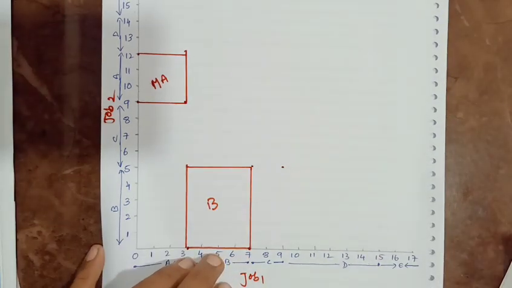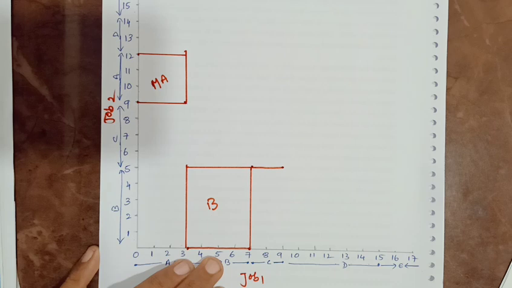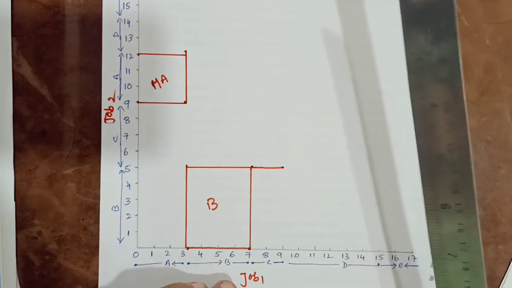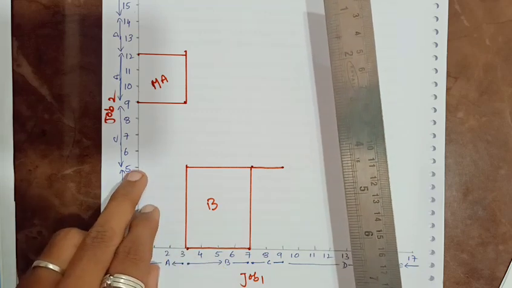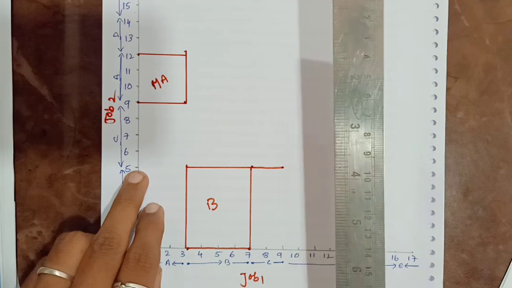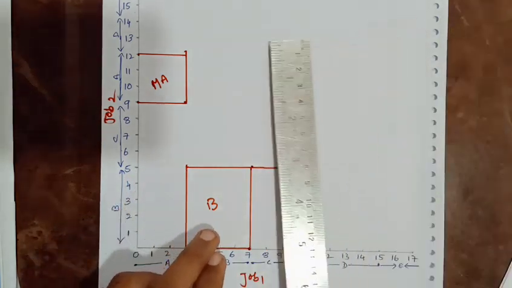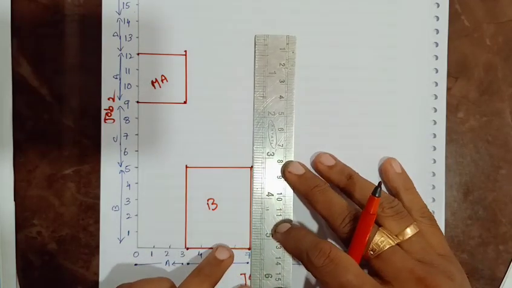So this is 2 hours, and C is taking 4 hours in job 2, so from 5 to 9.